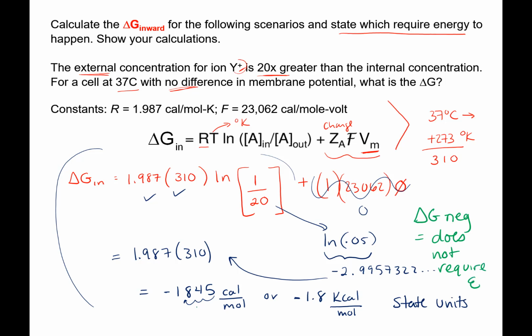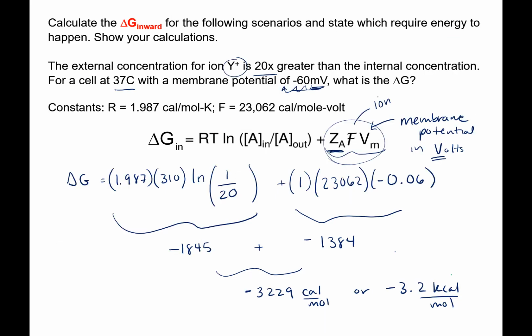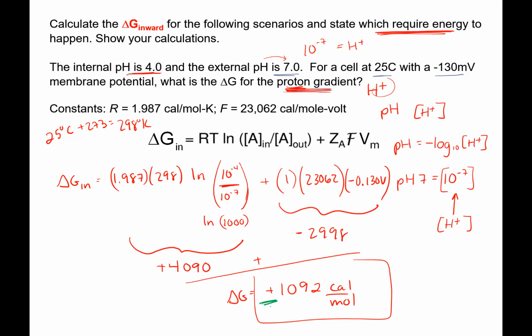So this one will go on its own. This one will go on its own. But this one, because it's positive, you've got to make sure you say it requires energy.